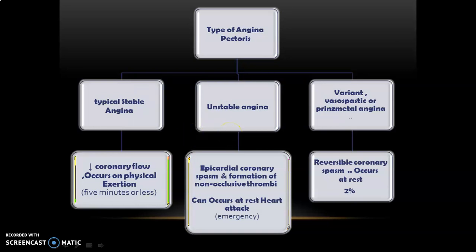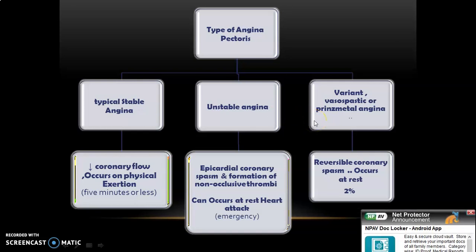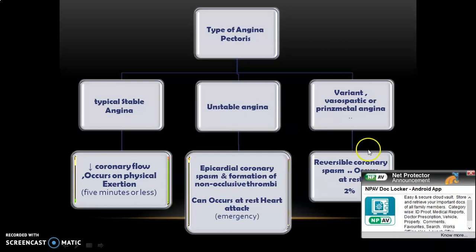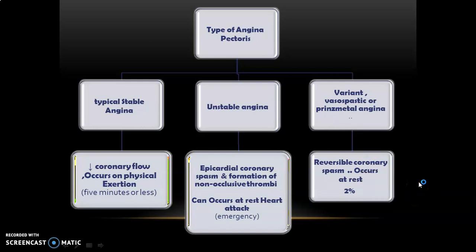In unstable angina, epicardial coronary spasm and formation of non-occlusive thrombi can be the causes. It can occur at rest, can lead to a heart attack, and is an emergency. While the variant or Prinzmetal type of angina is observed only in up to 2% of patients, there is a reversible coronary spasm that occurs at rest.